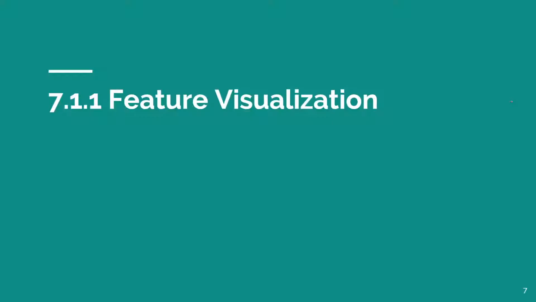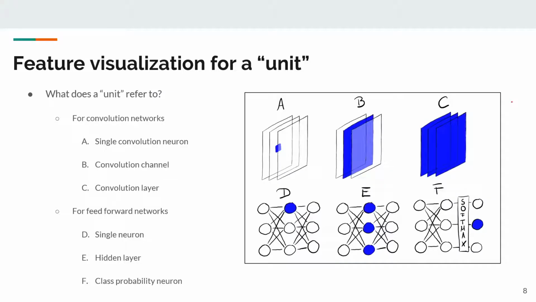The approach of making the learned features explicit is called feature visualization. Feature visualization for a unit of a neural network is done by finding the input that maximizes the activation of that unit. But what does a unit refer to in a neural network? For convolutional networks, it can refer either to individual convolutional neurons, convolution channels, also called feature maps, or entire layers.